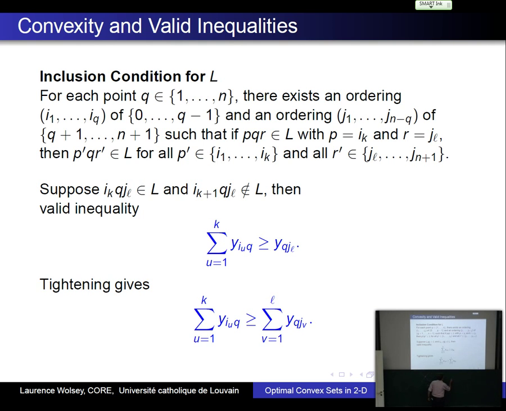if we take some point Q and look at the other points, and this is the origin, we've got arcs before and after Q. Obviously, if this is permitted, then this is also permitted.